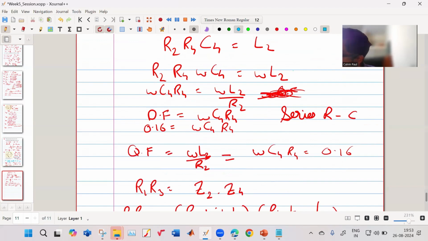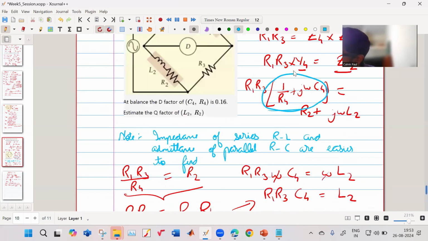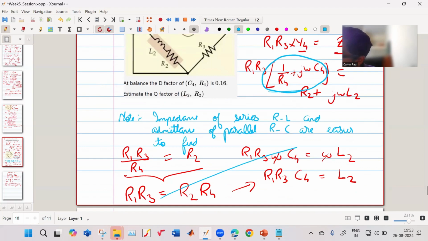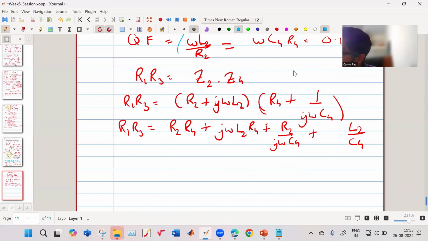Okay, so these previous parts are all wrong. So let me cancel them. These are wrong. This also is wrong. Now, I will equate the real and imaginary parts. So what I get?